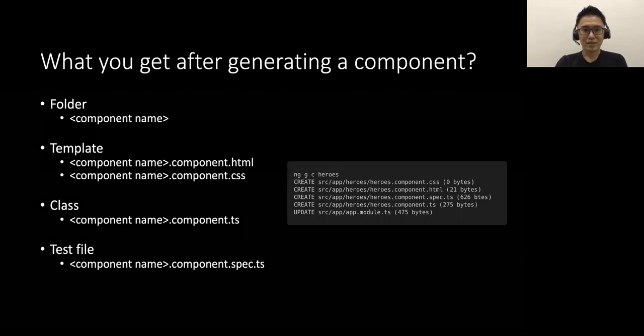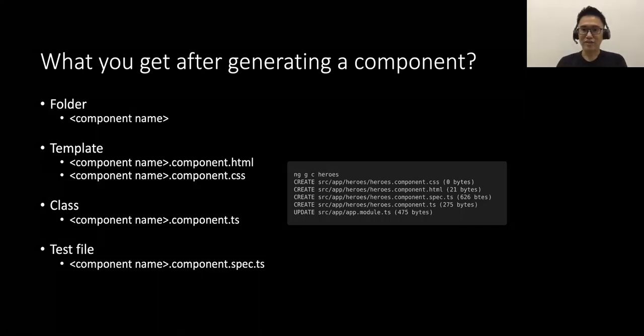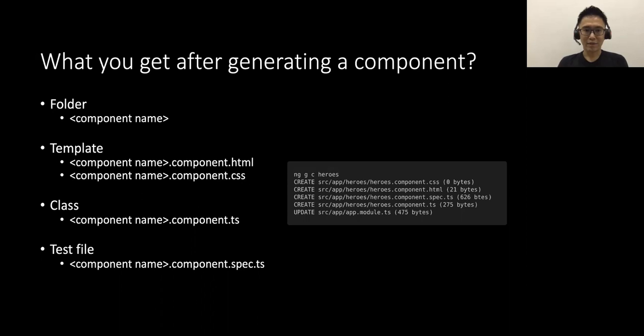So what you get after generating a component: the folder. Just now you typed the component name, right? So you generate a folder to group all the template, class, and test files together. You create a folder and put all the code inside. And then next, you get a template. The template naming will start with your component name dot component dot html for the HTML file, component name dot component dot css for the CSS file, and the same goes for the class.